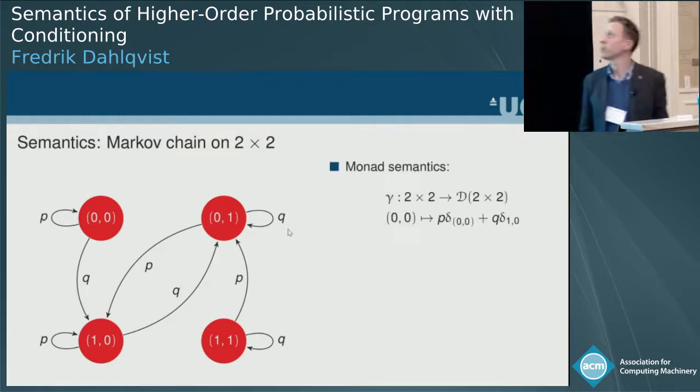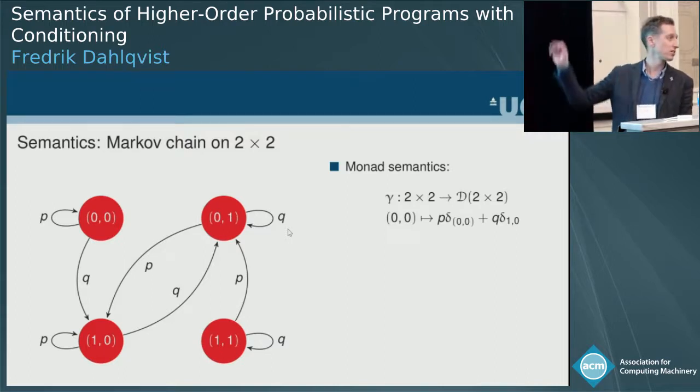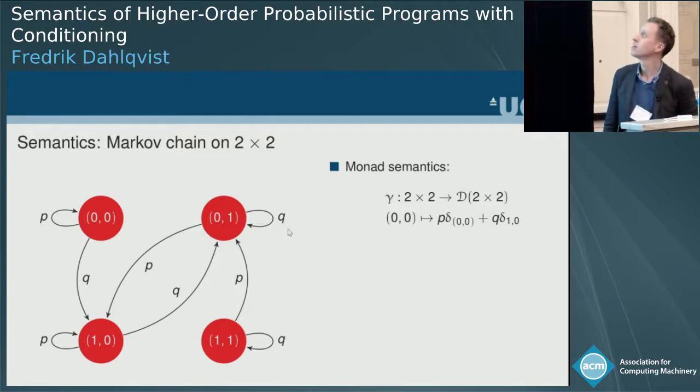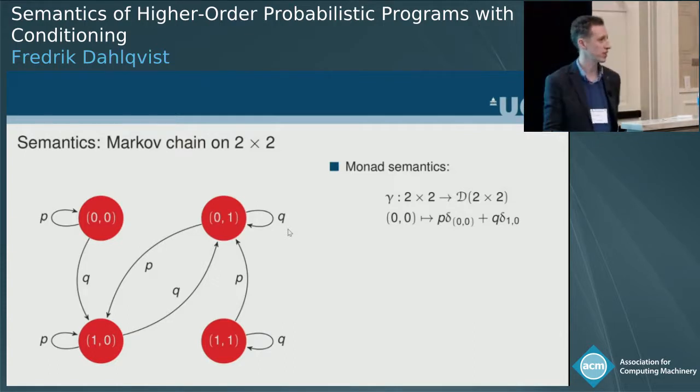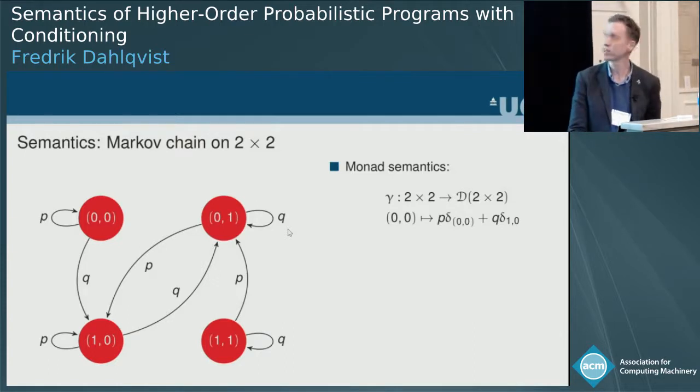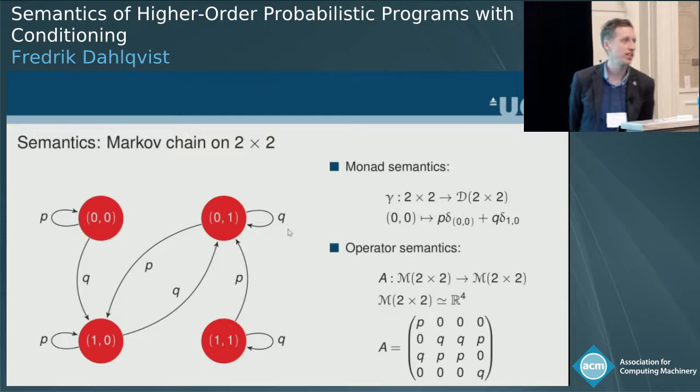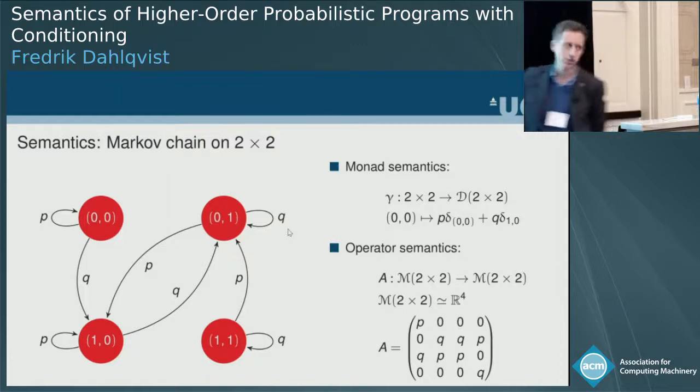Now, mathematically, it could be written in this monad style with the distribution monad. So it's a coalgebra or a Kleisli arrow, which to each state associates a distribution of the successor state. So it's a very standard way of looking at things. This is a very PL way of looking at things. And the other very standard way of looking at things is the probabilist or mathematician way, which is a stochastic matrix.